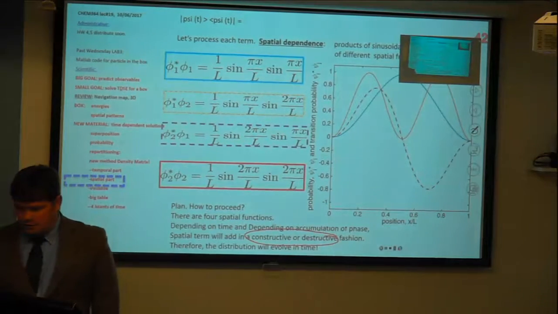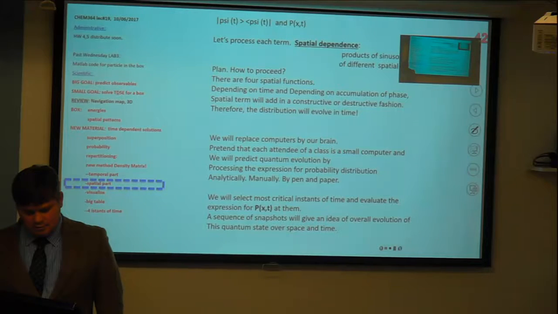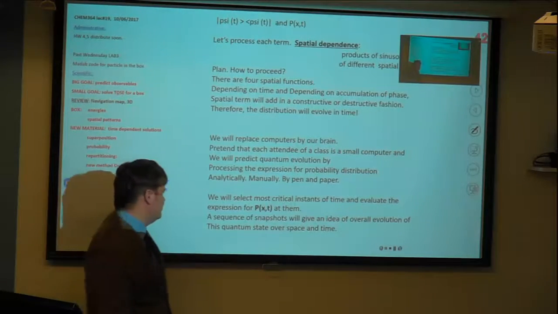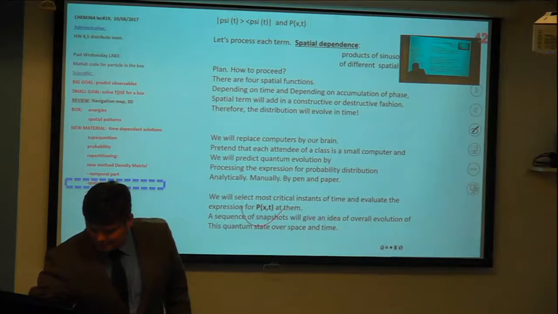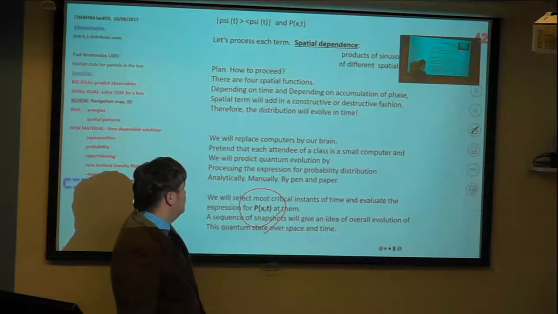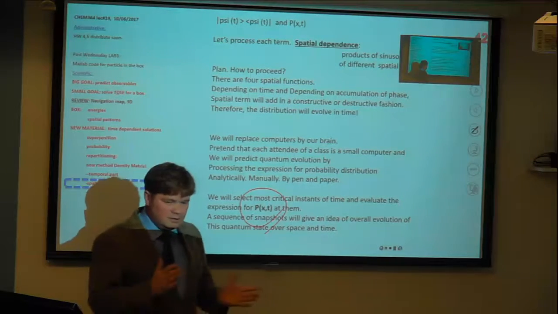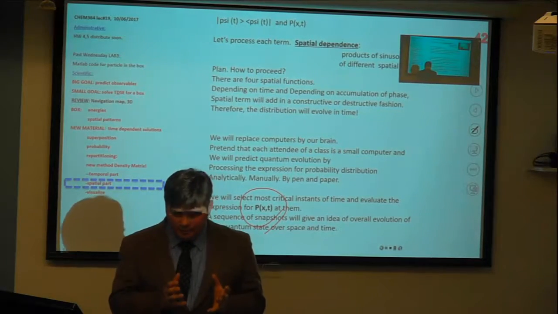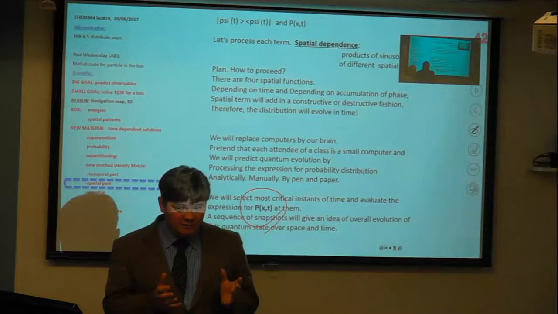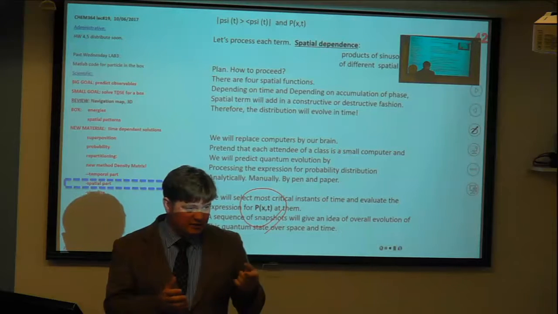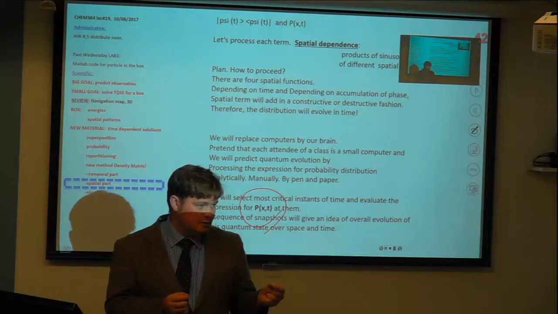Let's see what I have. Okay, those are verbalizations of the sentences. I need to circle it here to have the trace. So, if we add together all these terms, we are going to have the probability distribution as a function of position and time.